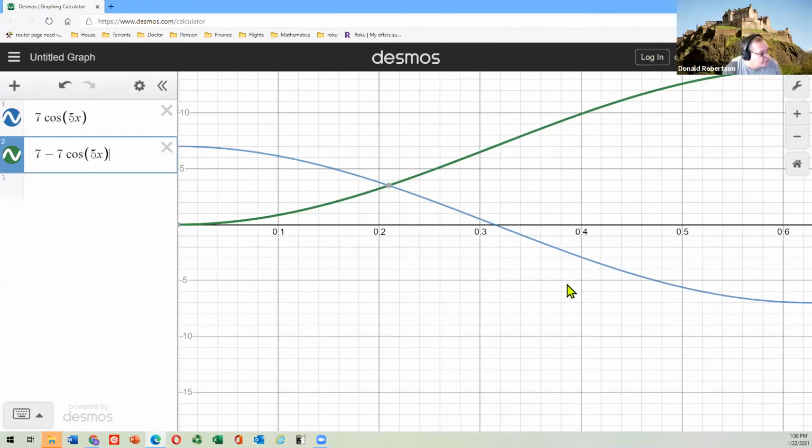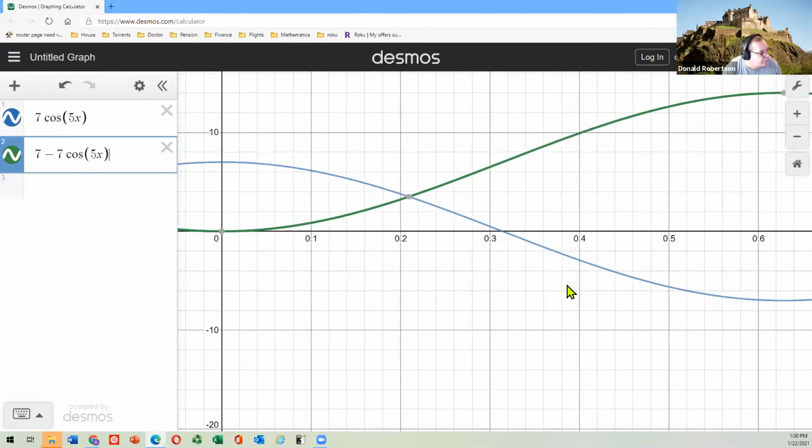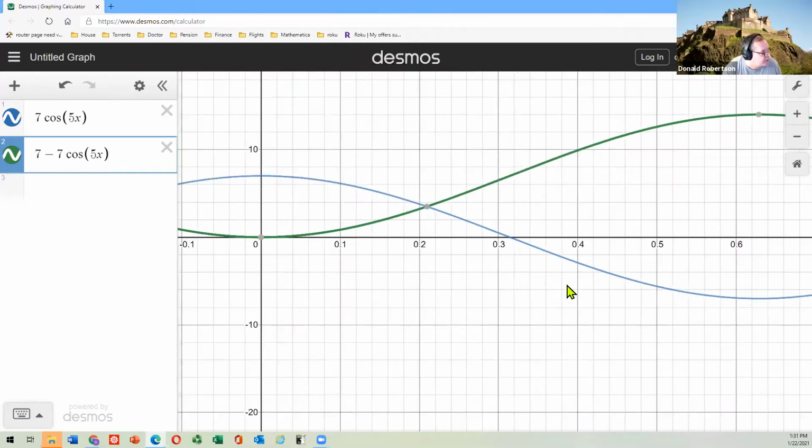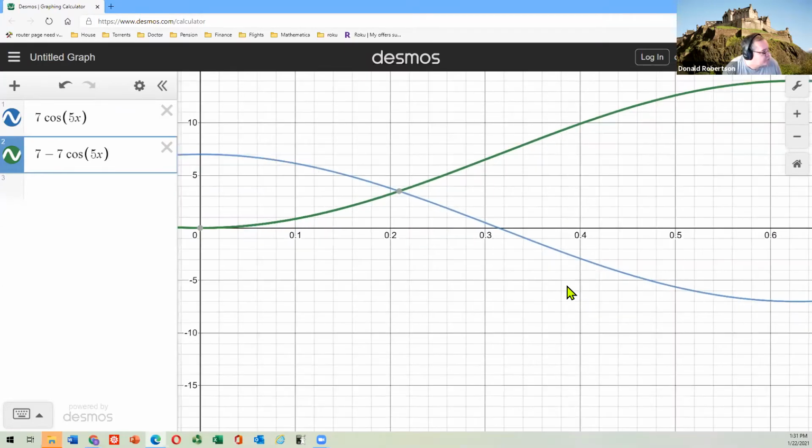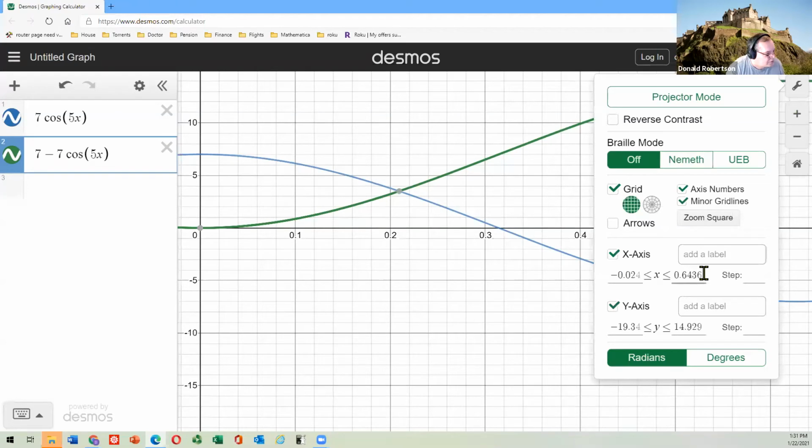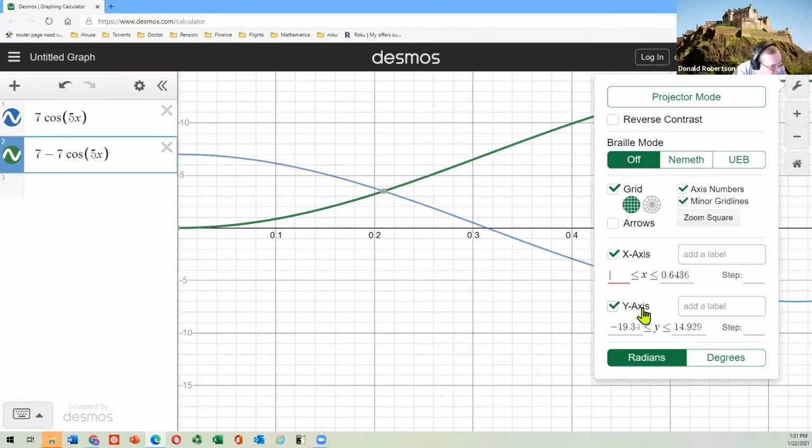Oh dear, we can't really do it perfectly, but that's fine. That's an annoyance. If I scroll out, you'll actually lose some of the information. So from what I can see, I think I only need to get to about 12. I'm going to have to go back here and make that 0 to pi upon 5.